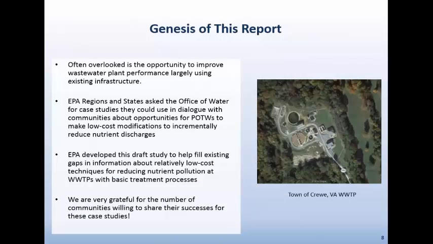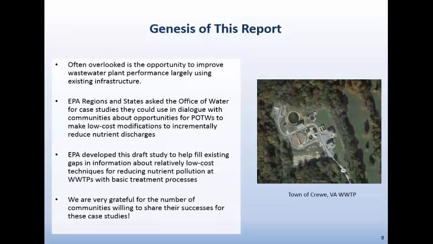So why did we think about this report? We were talking amongst ourselves here at EPA, our EPA regions, and many of the state water directors started talking to us about, is there something we can do to optimize wastewater plant performance without doing changes to the infrastructure that could be costly, or maybe they're 10 years down the road for that particular municipality.